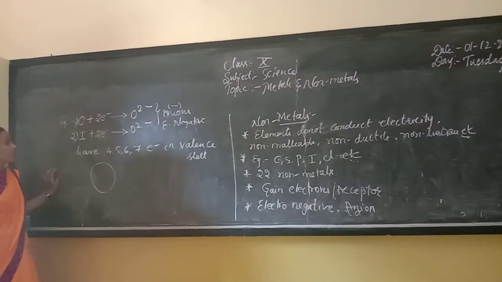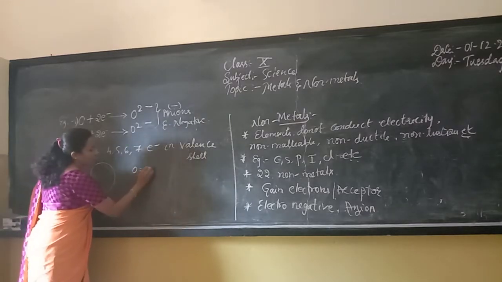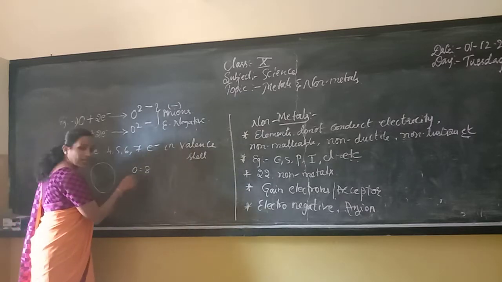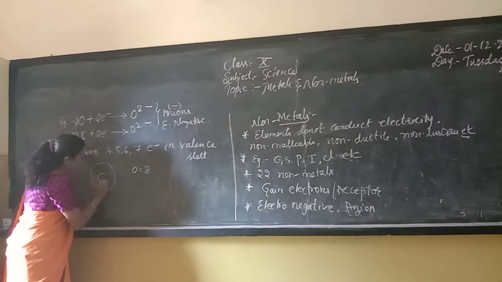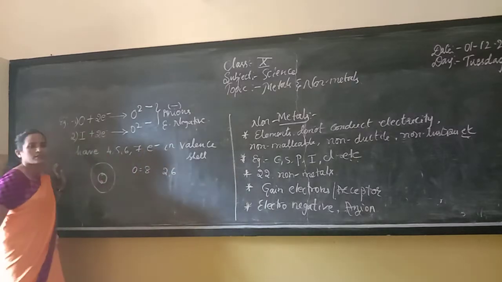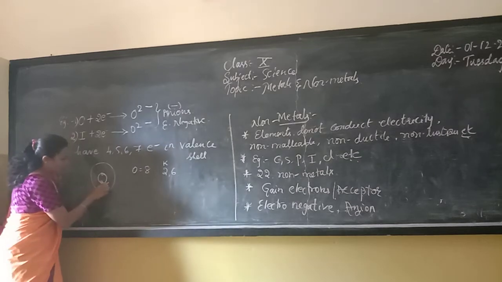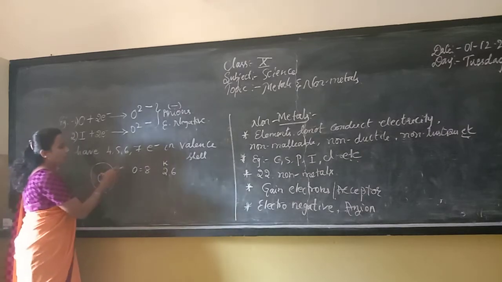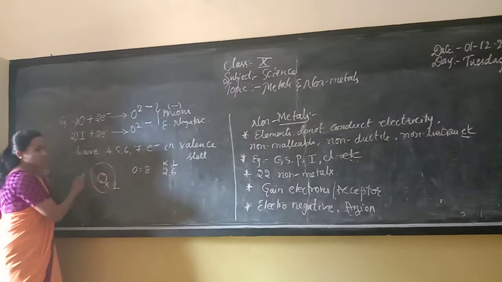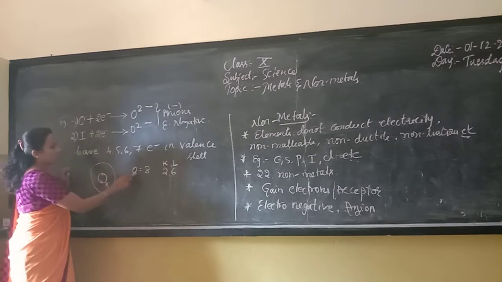So, for example, let's take oxygen. What is the atomic number of oxygen? It is 8. So how do these electrons arrange? In the first shell, it arranges as 2, 6. So the K shell has 2 electrons, and the L shell carries 6. So the L shell is the outermost shell for oxygen.